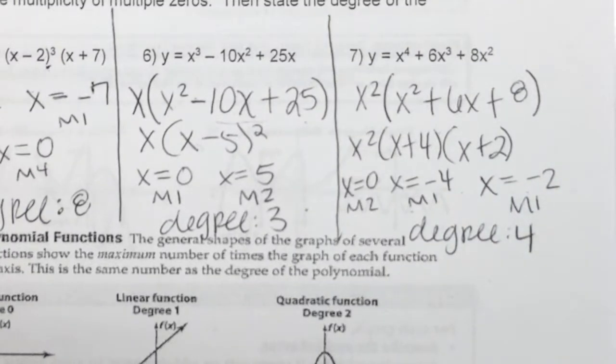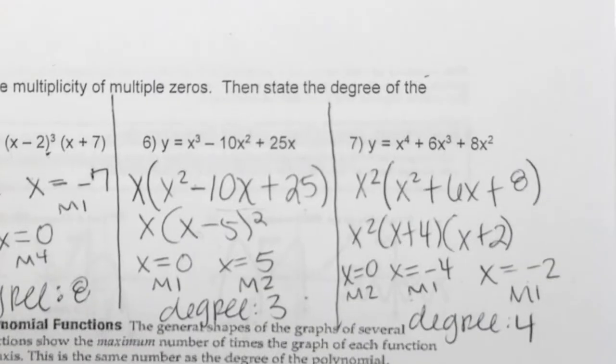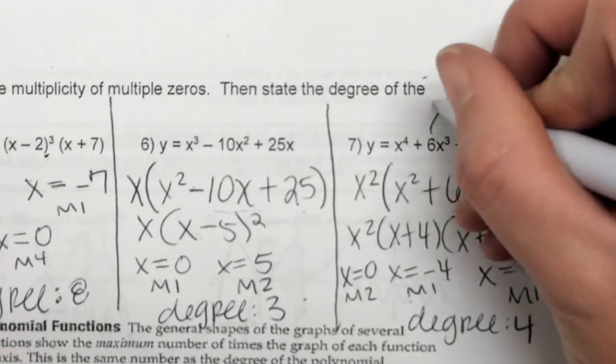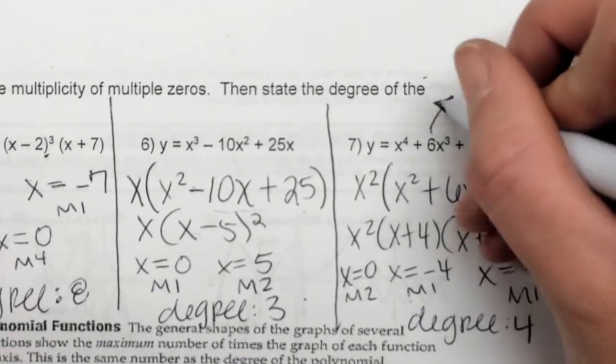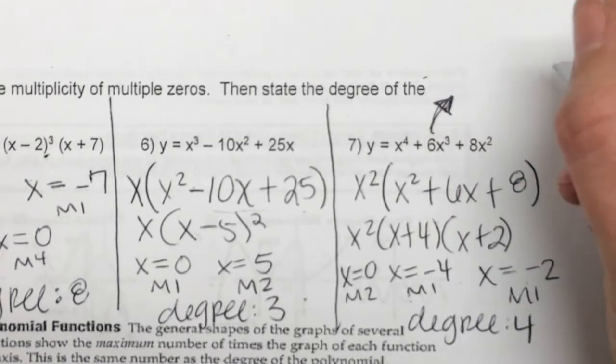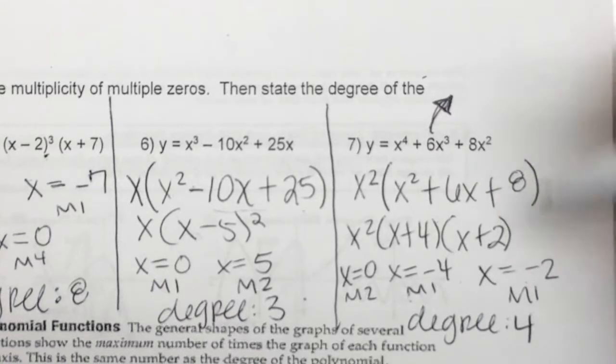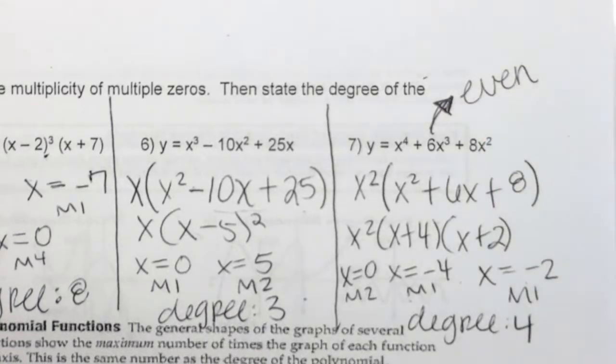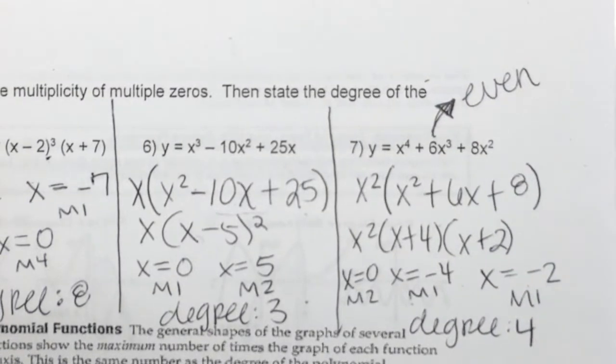The last thing I want to do with these is talk about if it's even or odd and what's the leading coefficient. We'll start with the two easiest ones, number 6 and number 7. Is number 7 even or odd? Alright, how do we know? We look at the what? Yes, and the degree is 4, and that's an even number. So this is even. Now, the leading coefficient on the first page, I wanted you to list the number, but I really don't care about the number.